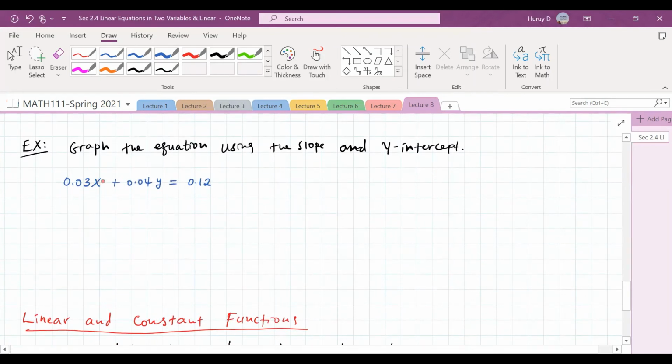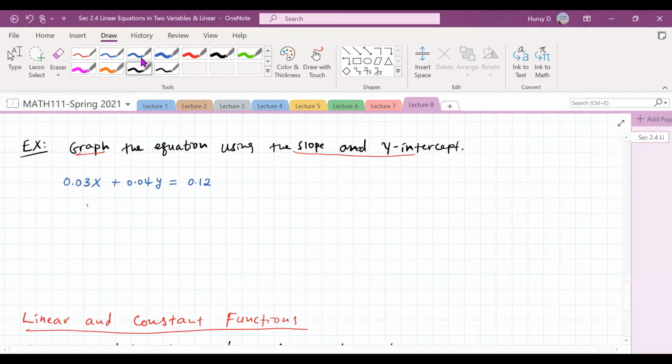The first thing we need to do is, we're asked to graph the equation using the slope and y-intercept. So first let's write this in slope-intercept form. To do so, we isolate y on the left side.